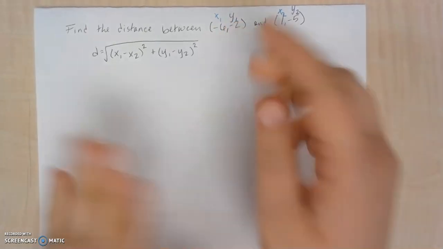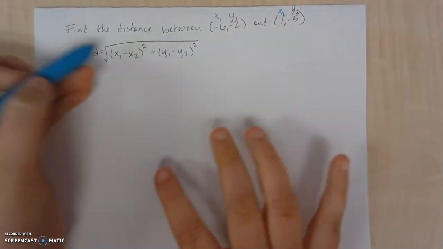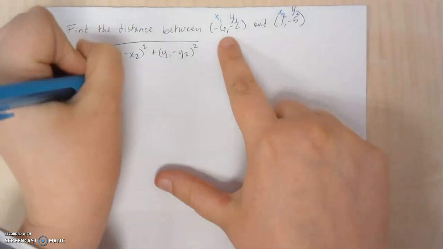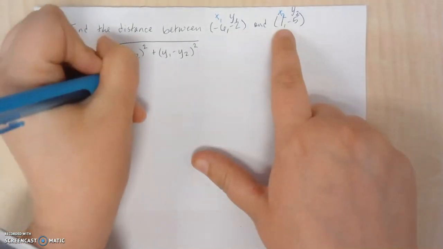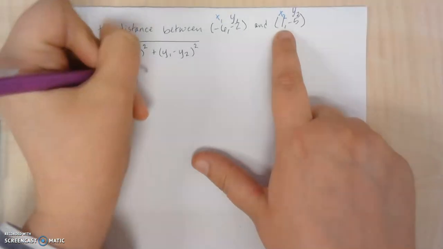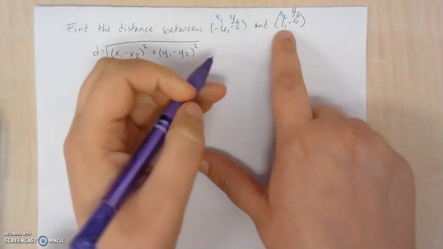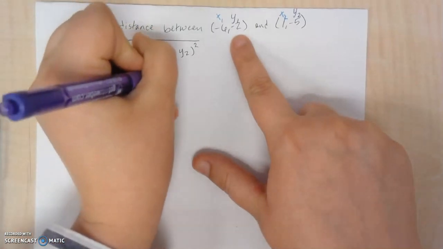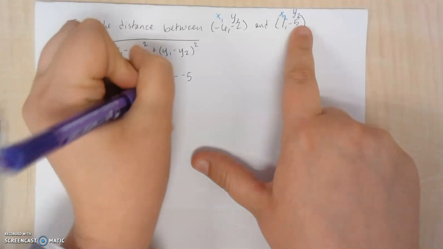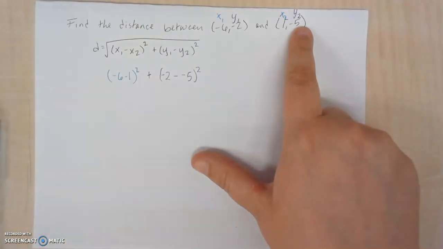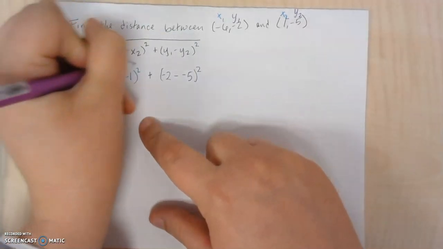So x1 and y1 should be the same coordinate point. So x1 is -6 and x2 is 1, so that should be squared. And then we're going to add y1, which is -2, minus a -5, that's y2, squared, and all of that should be under the square root sign.